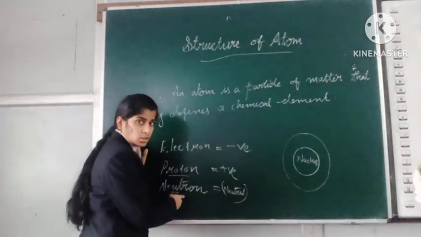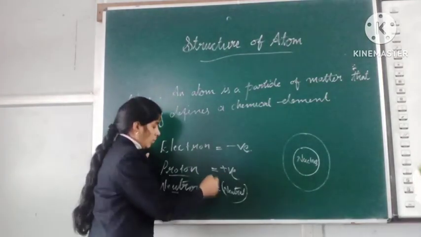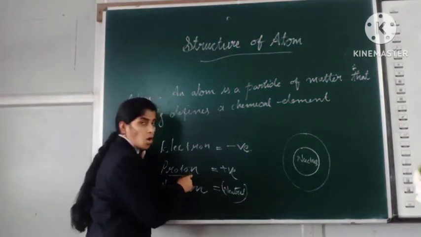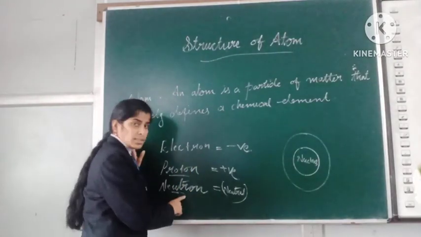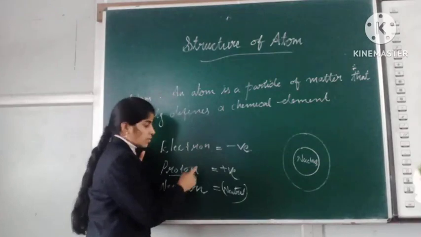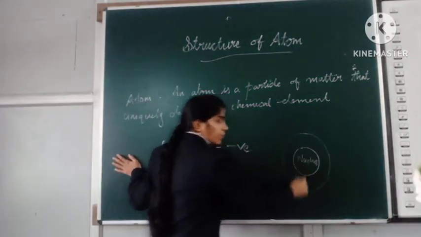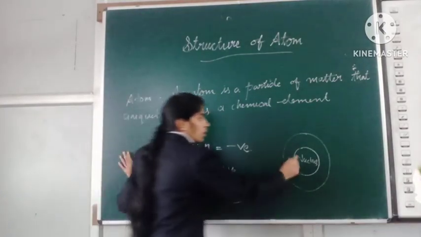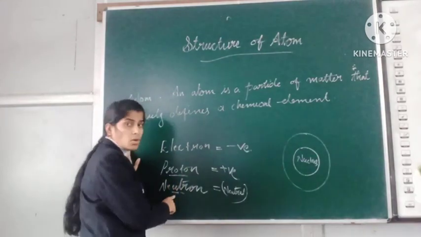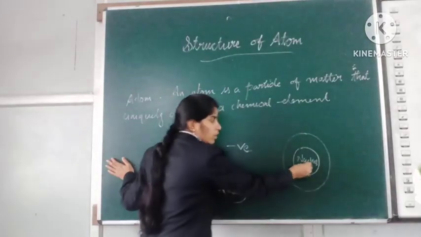The neutron doesn't have any charge, but the proton has a positive charge. The neutron mass is equal to the mass of the proton, so these have more mass, and they sit at the center core of the atom. That's what we call the nucleus. These two have more attractive force, so that's really the center, the core, the nucleus.